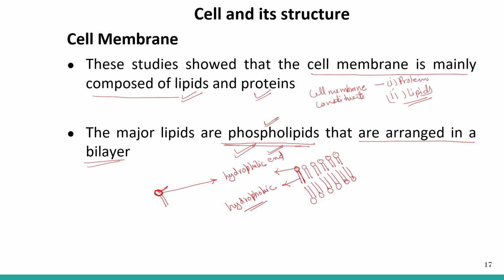It loves water, right? That is why it got its name hydrophilic. And the one which moves away from water is called hydrophobic. So this is the bilayer arrangement of the phospholipid in the cell membrane. See how it is arranged. That is why it is called a bilayer, right?